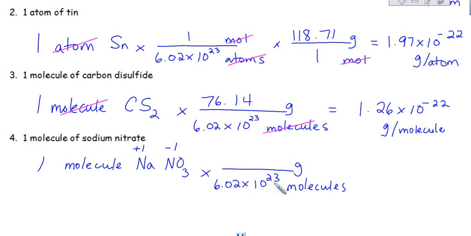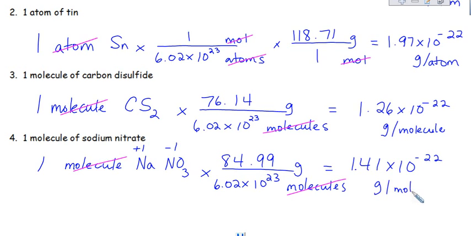There's 1 nitrogen and 3 oxygen. For a total of 84.99 grams. Molecules cancel. I can divide for about 1.41 times 10 to the negative 22nd grams per molecule.